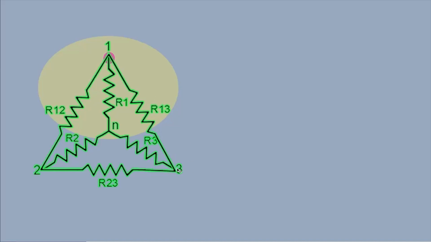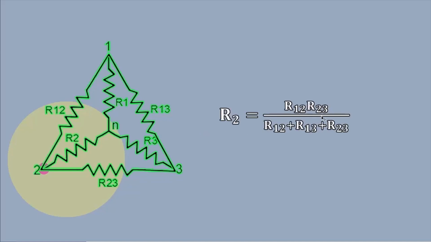Similarly, taking the case of node 2, the value of resistance R2 which is coming to node 2 is the product of R12 and R23 which are coming to the same node, divided by the sum of R12, R13 and R23, that is R2 is equal to R12 R23 divided by R12 plus R13 plus R23.